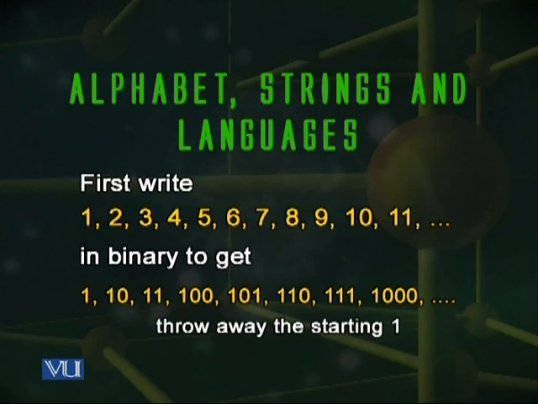Now let us throw away the leading one from each one of these strings, and we get all the strings in lexicographical order as follows. We get the empty string first, then 0, then 1, then 00, then 01, and 10.